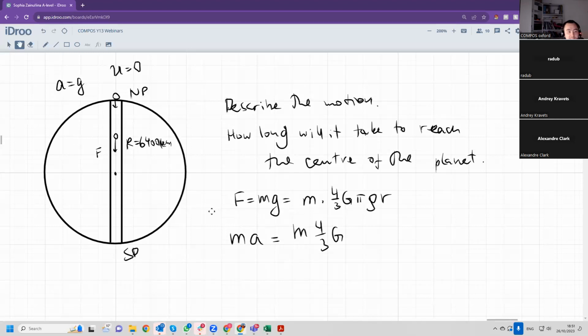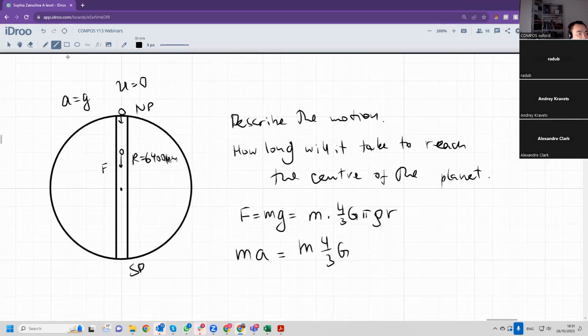Of course we need an x-axis. So let's make this the x-axis. When the stone is at position x, this is 0, the center of the Earth, and this is the current position of the rock.